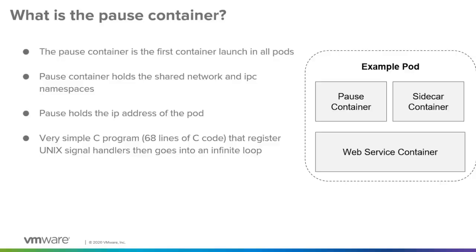It allows you to put the network namespace and IPC namespace around something, and this is what's called the pod sandbox, that then exists, and then I can launch the other containers that the user specifies alongside this pause container. So the pause container contains the IP address of the pod, it contains the network namespace, and it really just registers the Unix signal handlers for the containers, and then it goes into an infinite loop to sit there and do nothing. So you can think of it as like the init process, effectively, of the container.